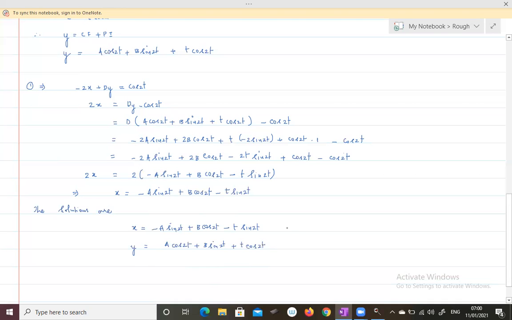So this x and y combinedly give the solution of the required simultaneous differential equation.